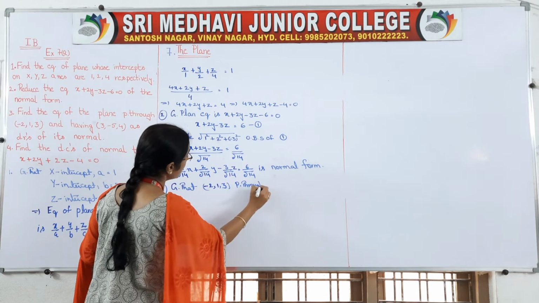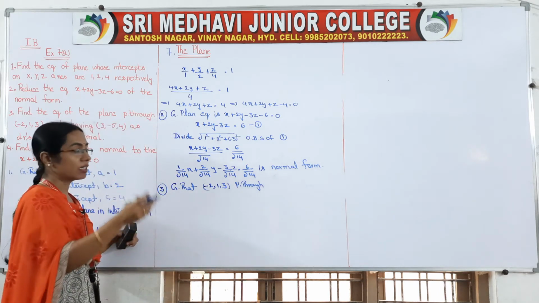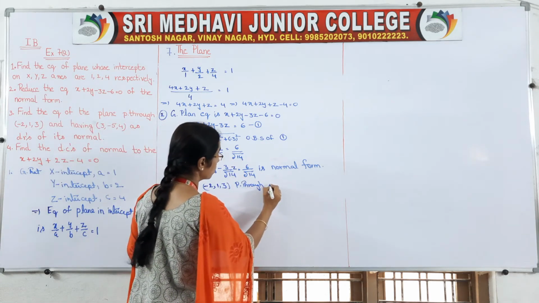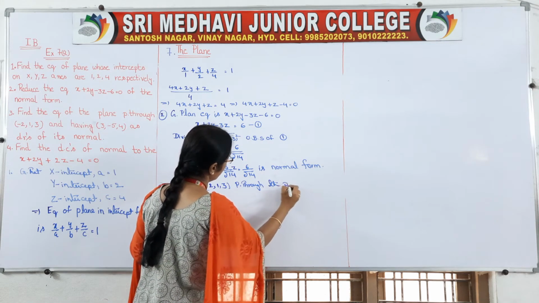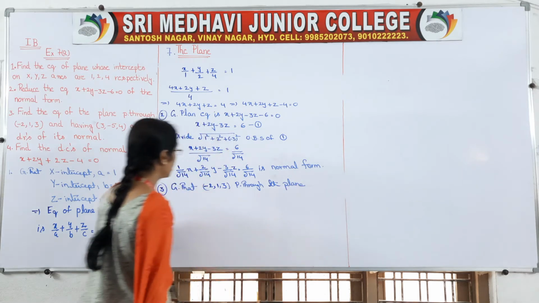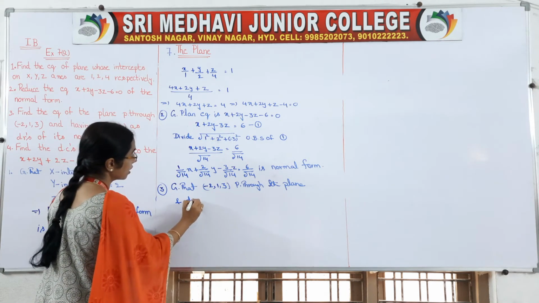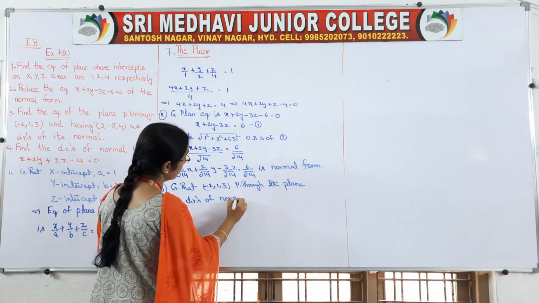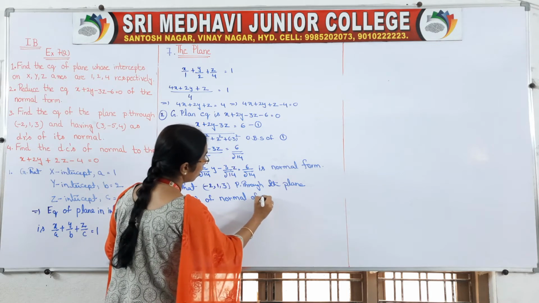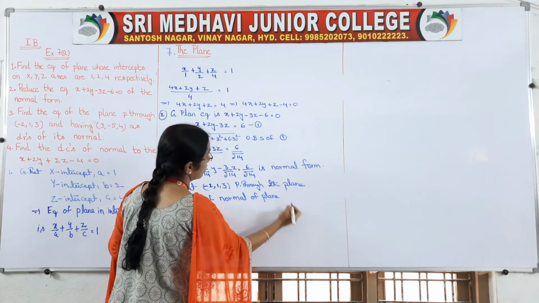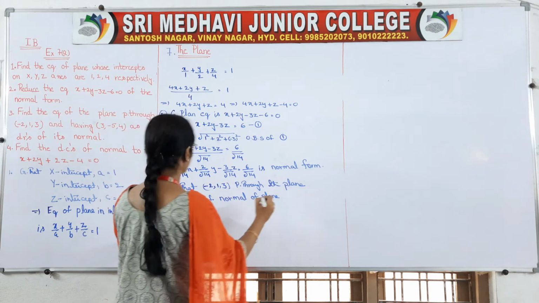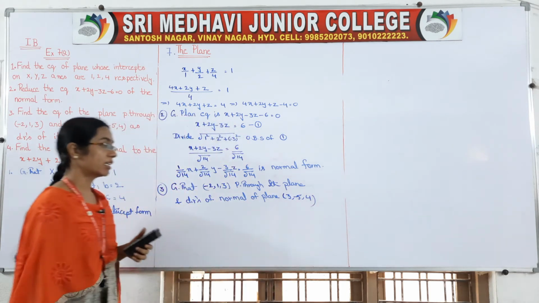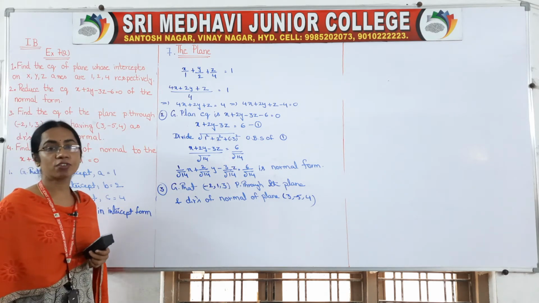We have to find the plane which passes through this point, and the direction ratios of the normal of the plane are also given to us: 3, minus 5, 4.